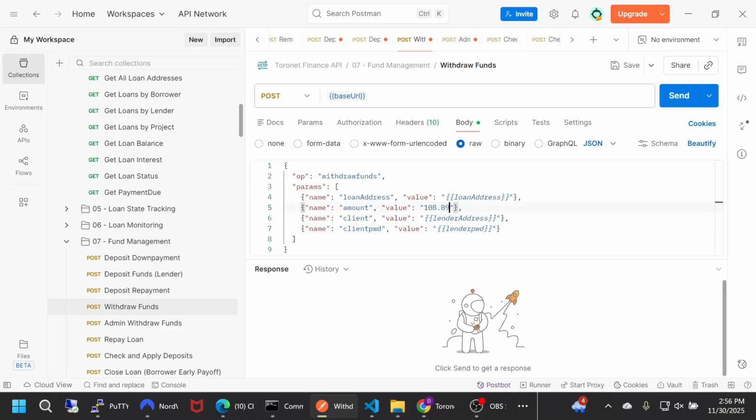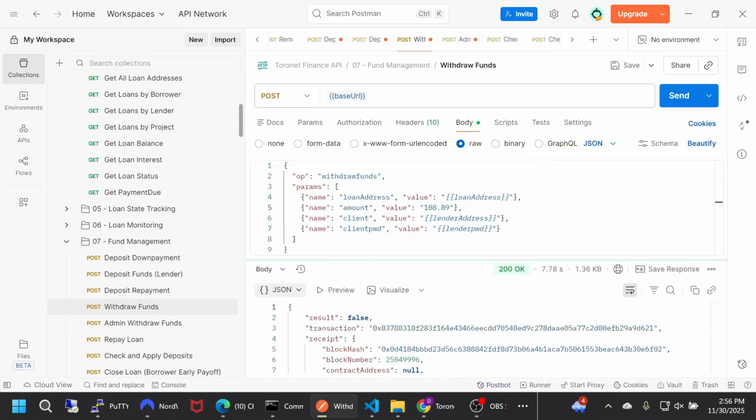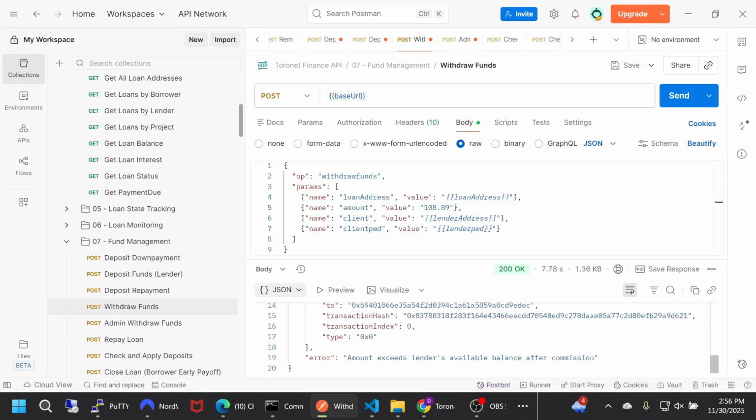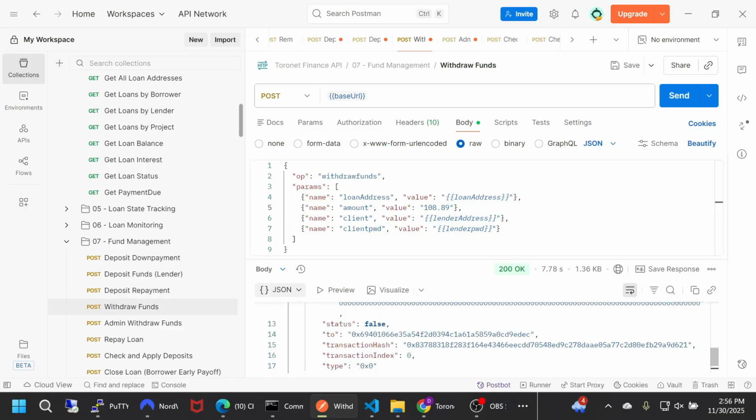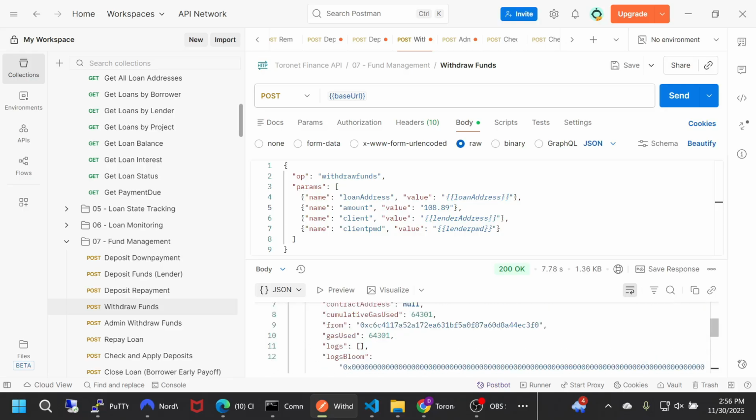We're going to try and withdraw everything, but let's remember that there's a platform fee, which is like 1%, and like 1 NGN that the loan can keep. Okay, so we need to retain that commission in there.